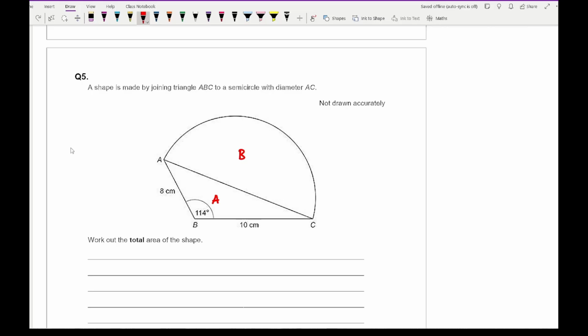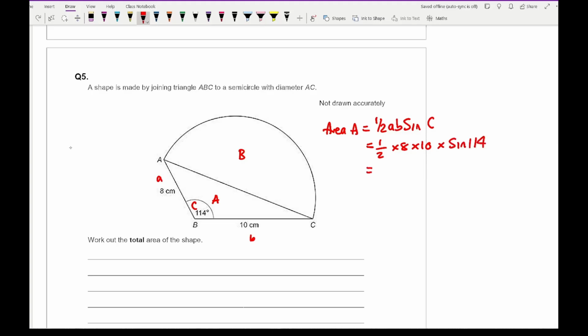Now to work out the area of the triangle, I either need to know the base and the height, or I need to know an angle and the two adjacent sides, which in this case I do. So to work out the area of A, I'm going to be using a half AB sine C. So looking at substituting those numbers in, here I've got a, I've got b, and this angle here is C. So here I've got a half times 8 times 10 times sine of 114.